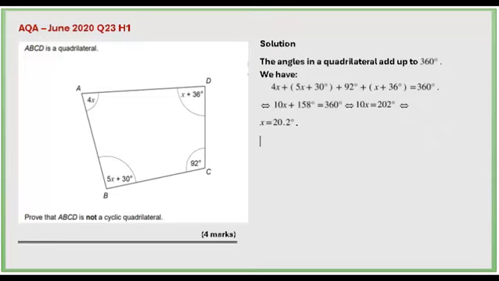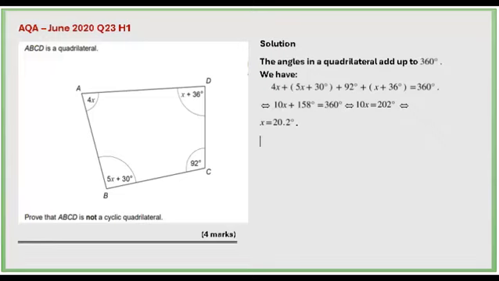Now we can find any of the angles we are interested in. We can pick two of them that are opposite. Why two opposite? Because we know that in order to have a cyclic quadrilateral, the sum of any two opposite angles must be 180.